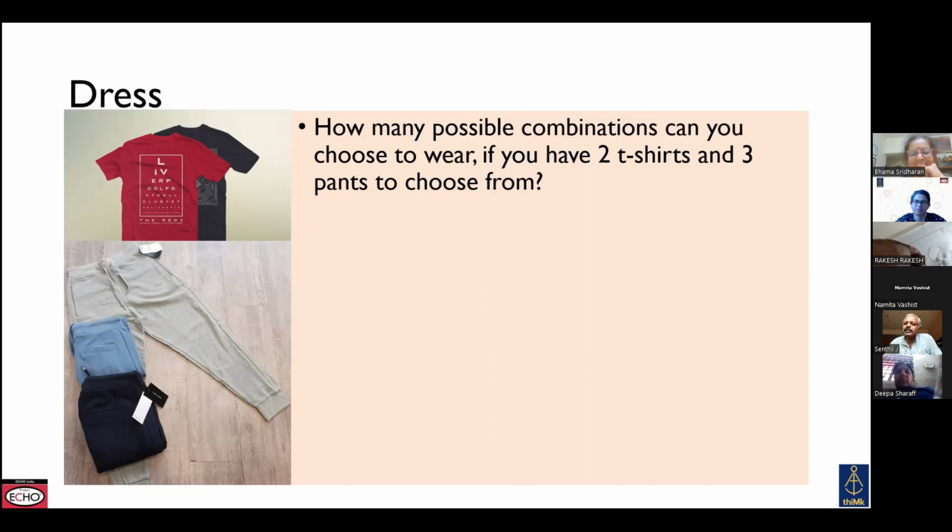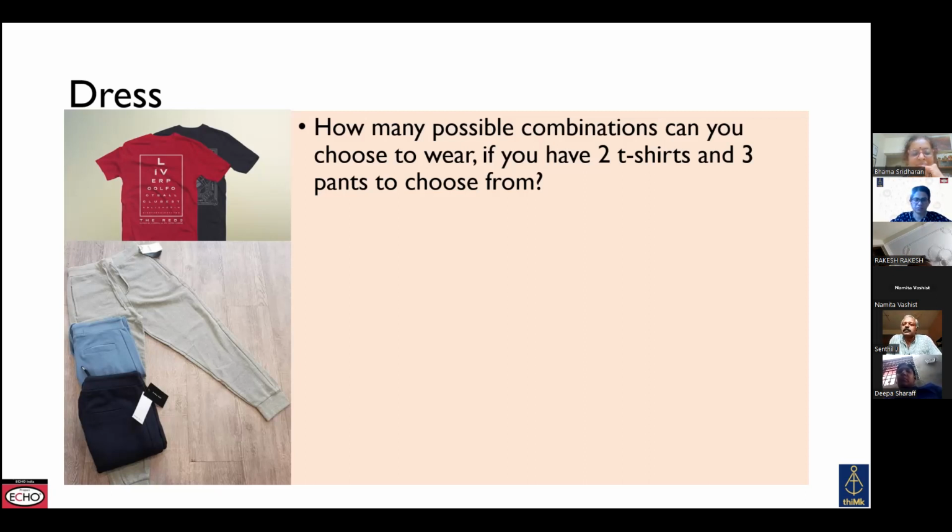But this is the basic one. How many different possible combinations can you choose to wear if you have 2 shirts and 3 pants? We can start pretty simple like that. Or if there's an option of idli or dosa, and then an option of coconut chutney, tomato chutney and sambar, how many different combinations would you want to have?